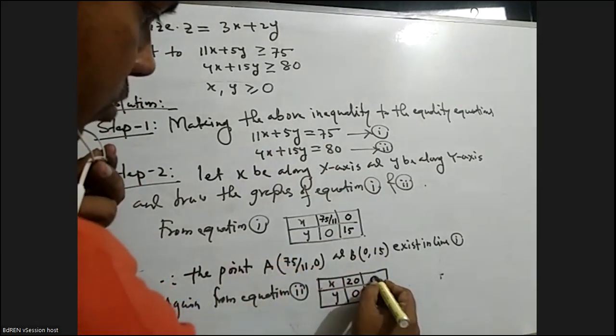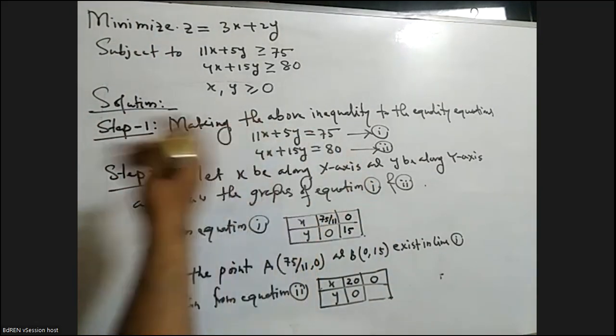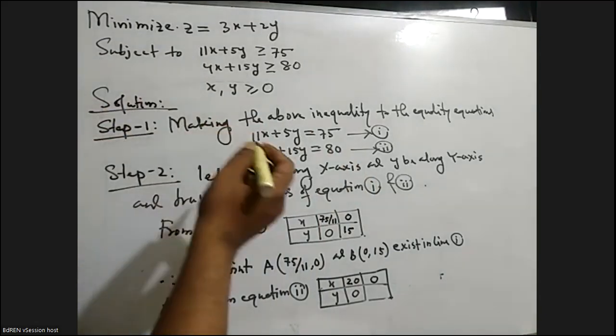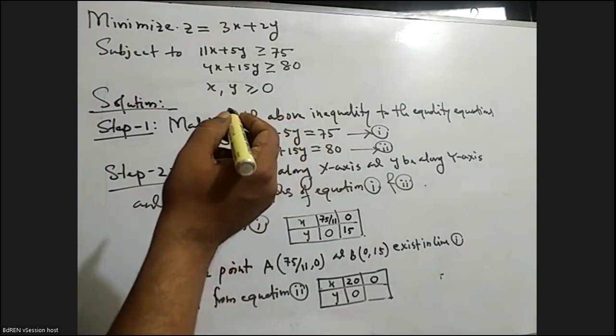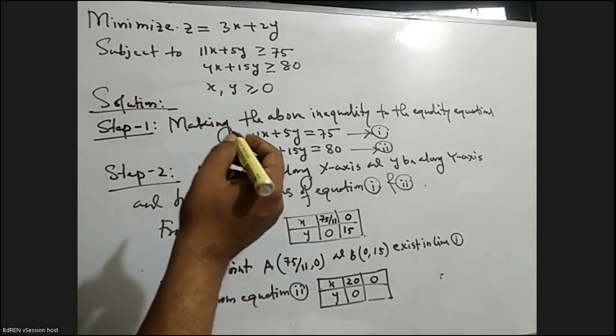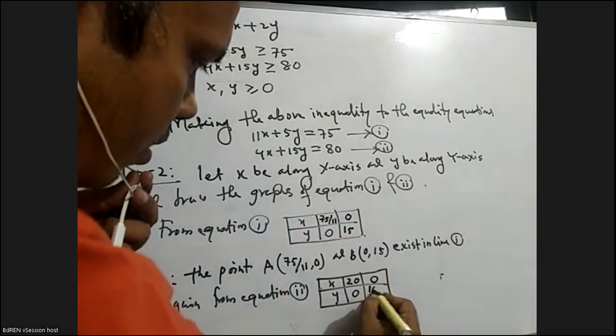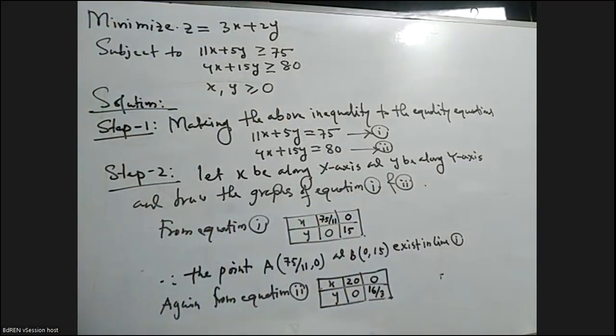Now, if x equals 0, then y equals 80 by 15, so we easily get 16 by 3.